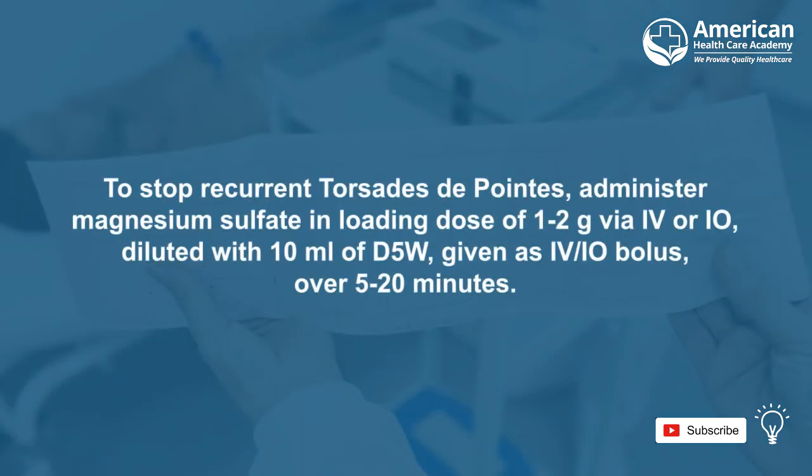For the abnormal heart rhythm known as recurrent torsades de pointes, administer magnesium sulfate in a loading dose of 1 to 2 grams via IO or IV access, diluted in 10 milliliters of dextrose 5% in water, or D5W, given as an IV or IO bolus over 5 to 20 minutes.